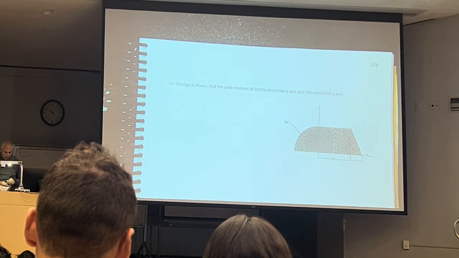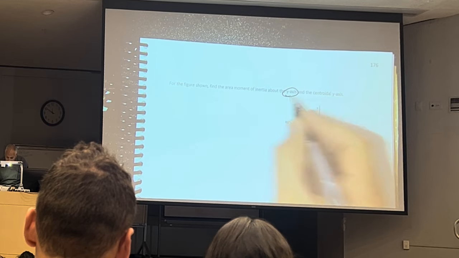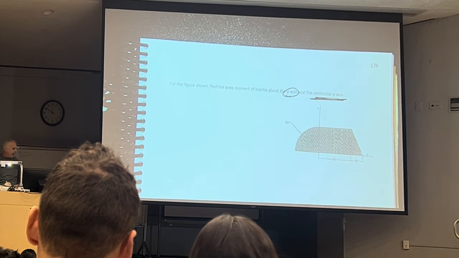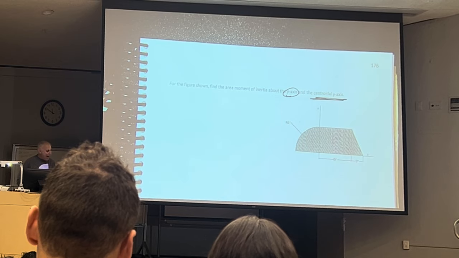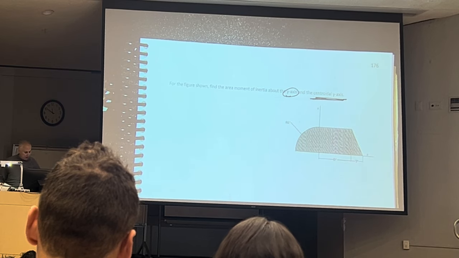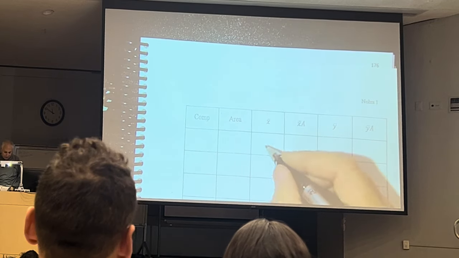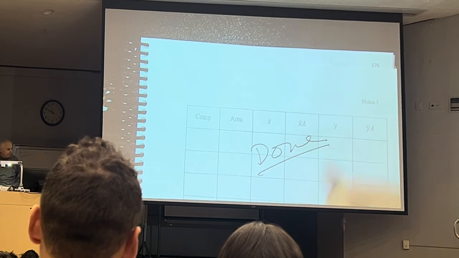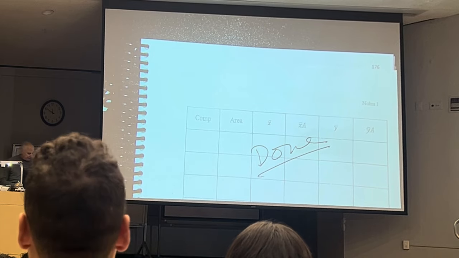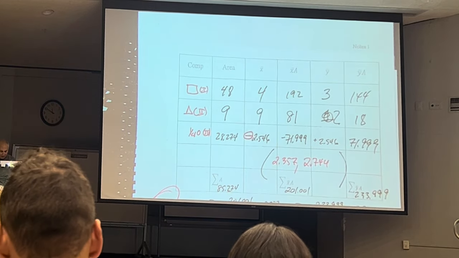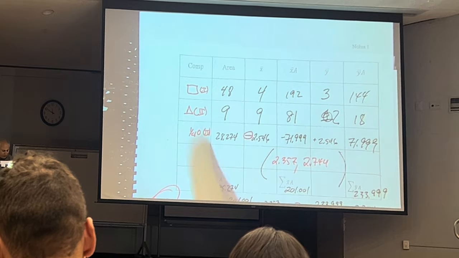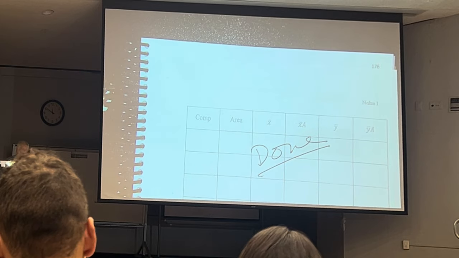Now I want to do it about the y-axis and the centroidal y. Same configuration I already had. We've already done the centroid, so this is done. It's the same problem, so that's the centroid portion. That isn't changing.